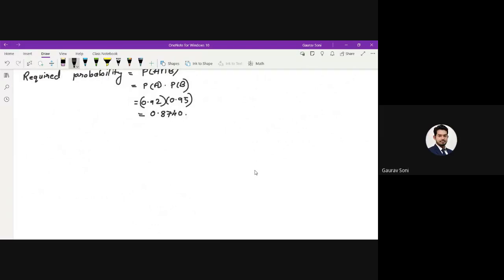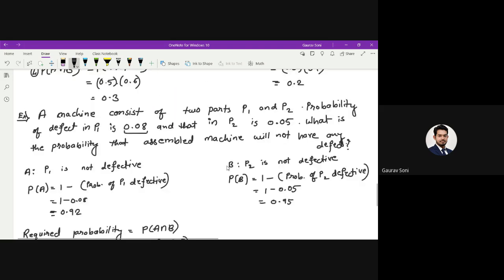Sir, I understood that we had to find out the values of P of A and P of B, but for the required probability, can you tell how did we do that? When can you say that there won't be any defect in your machine? Read the question.